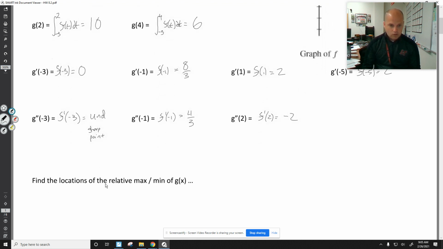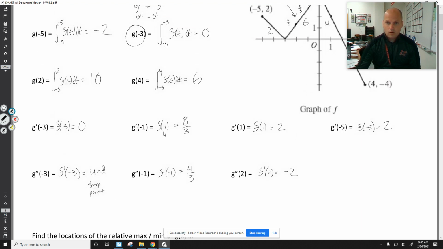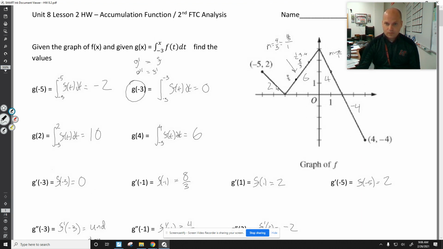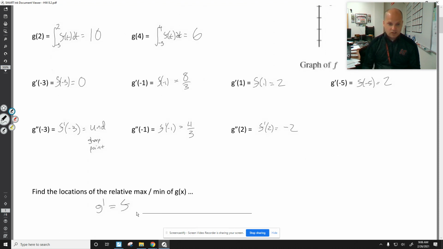values. So relative maximum min of G, I'm going to analyze G prime. Well, G prime is the same as f. So I'm going to, on a number line, look at the signs of f. Okay, f is positive. It's got a 0 at -3, but it doesn't change signs.